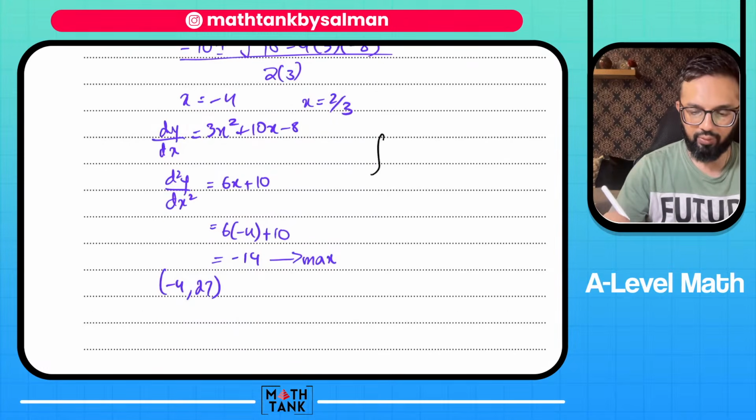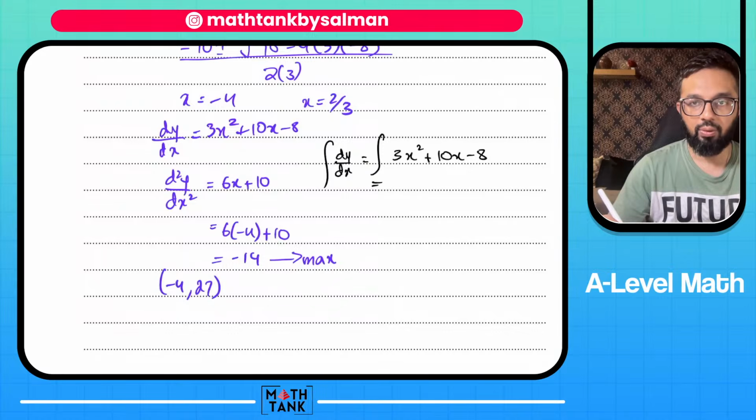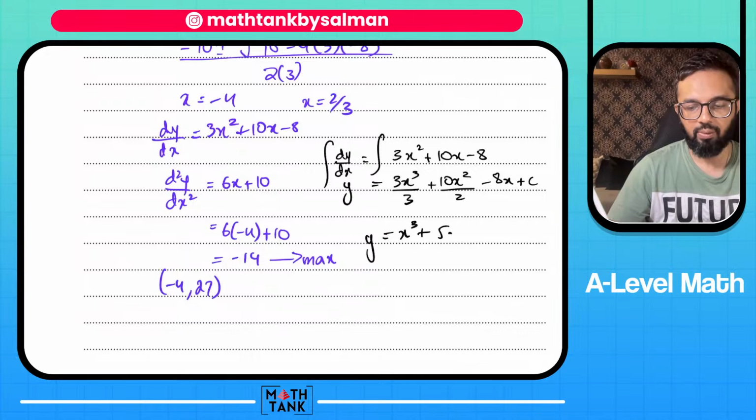The equation of the curve will be an integral, of course. So 3x squared plus 10x minus 8 integrates to 3x cubed over 3 plus 10x squared over 2 minus 8x plus c. So y equals x cubed plus 5x squared minus 8x plus c.